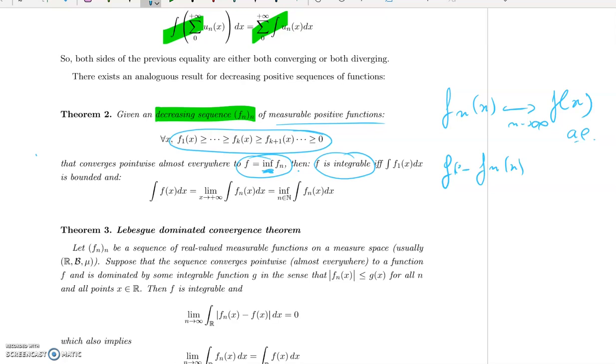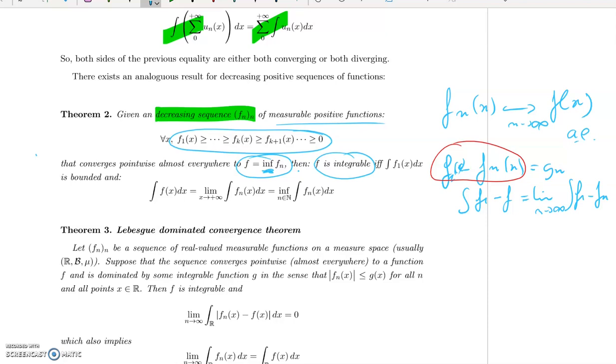That's going to be your auxiliary sequence, and if you consider this sequence, it's increasing, and we are in the same case as before, so that in the end it's going to converge. We will really have that the integral of f1 minus f, which is the limit on that side, is going to be equal to the limit as n tends to infinity of the integral of f1 minus fn.